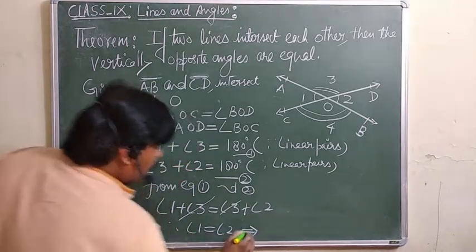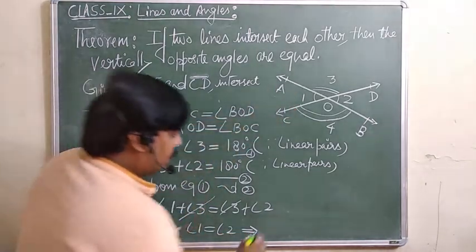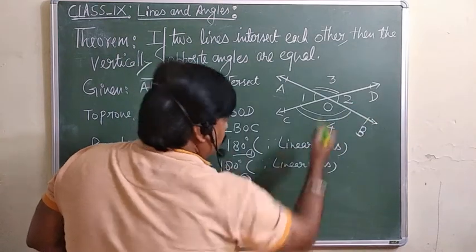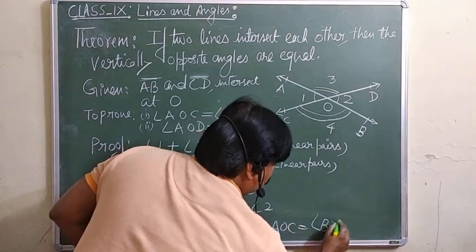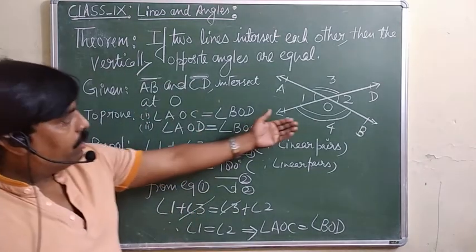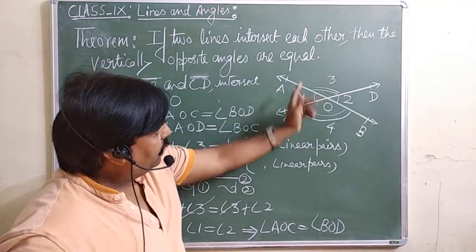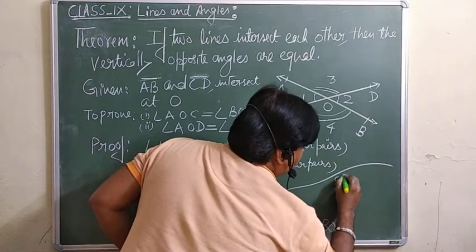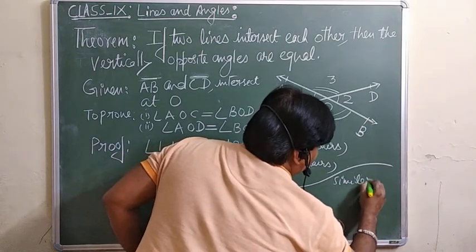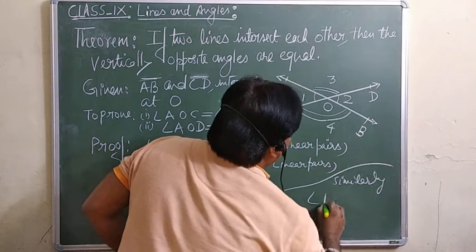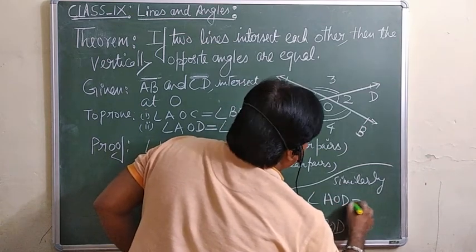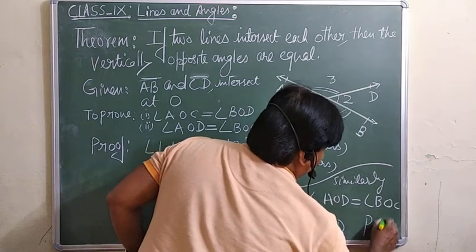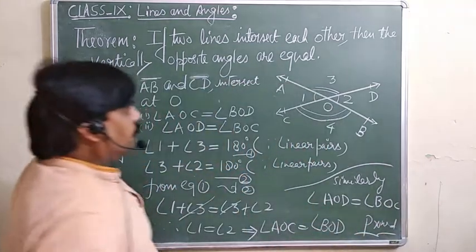Angle 1 is angle AOC, and angle 2 is angle BOD, which we wanted to prove. Similarly, we can prove angle AOD is equal to angle BOC. So this is the proof of this theorem. Have a look.